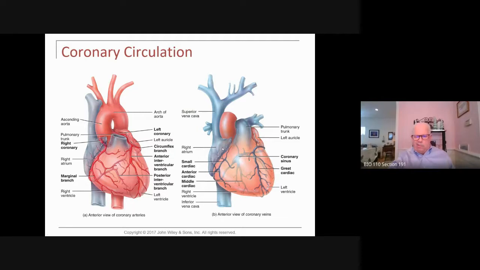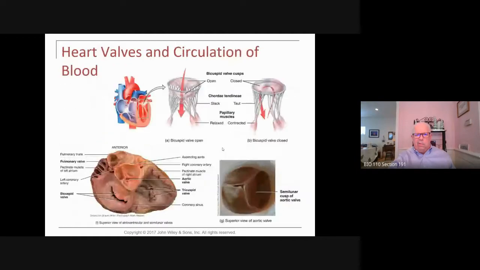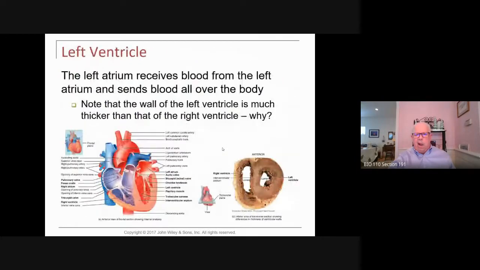Let me go back because I want to make sure that we understand something. Here is the ascending aorta. Here is the arch of the aorta. Here are the 3 major branches of the arch of the aorta. The left common carotid puts blood into the brain.